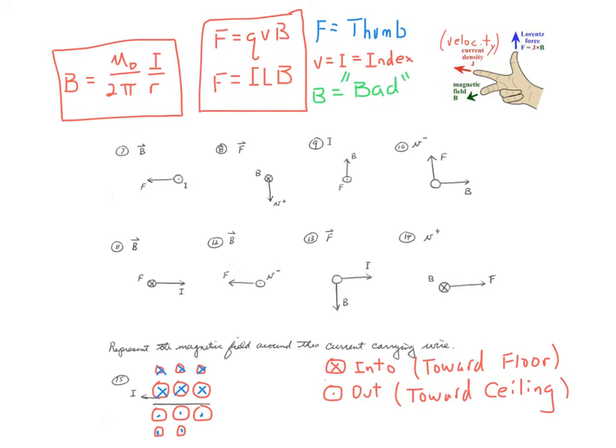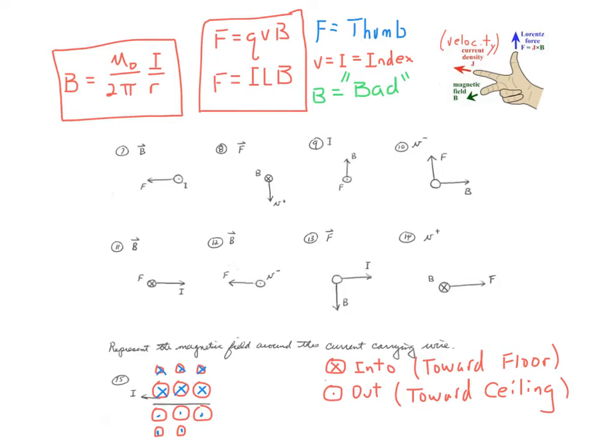As your fingers poke into the table, these X's are tangential directions to a circle going around the wire, underneath it, towards the bottom of the page and coming back out the top. These dots are where your fingers would point back out towards the ceiling, but then they would curl around and go back over top of the wire. So that's how we represent the magnetic field around a current carrying wire.